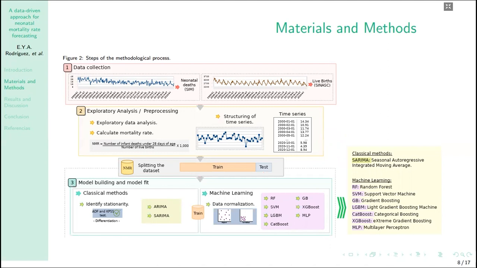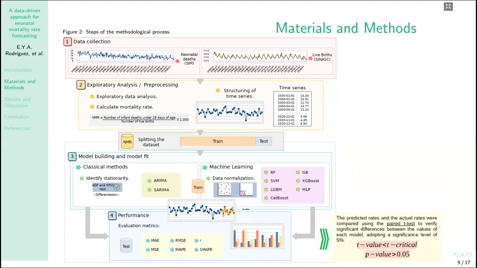And also we identified the stationarity of the series for the SARIMA model and for the machine learning models. And the data was normalized. The model accuracies were evaluated and compared using various error metrics. The model with the best performance was selected by evaluating the lowest values in the error metrics and the highest value in the correlation coefficient.